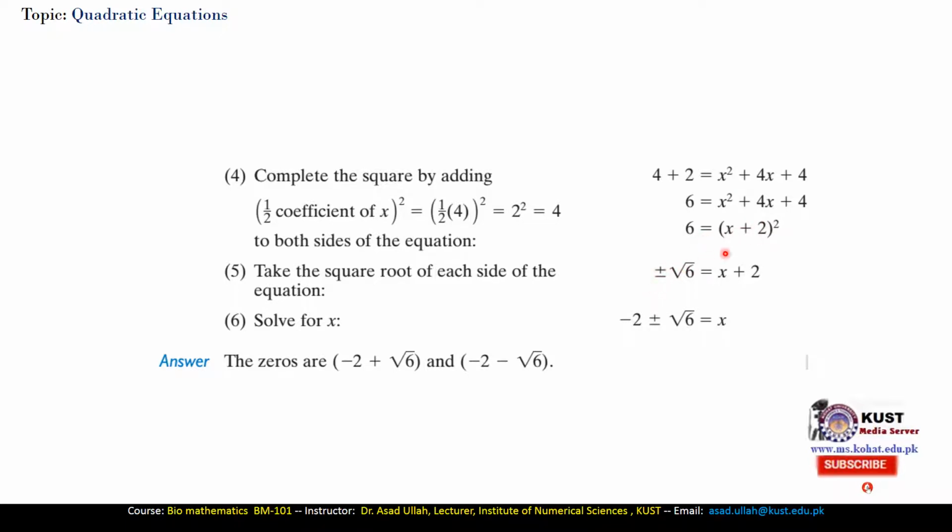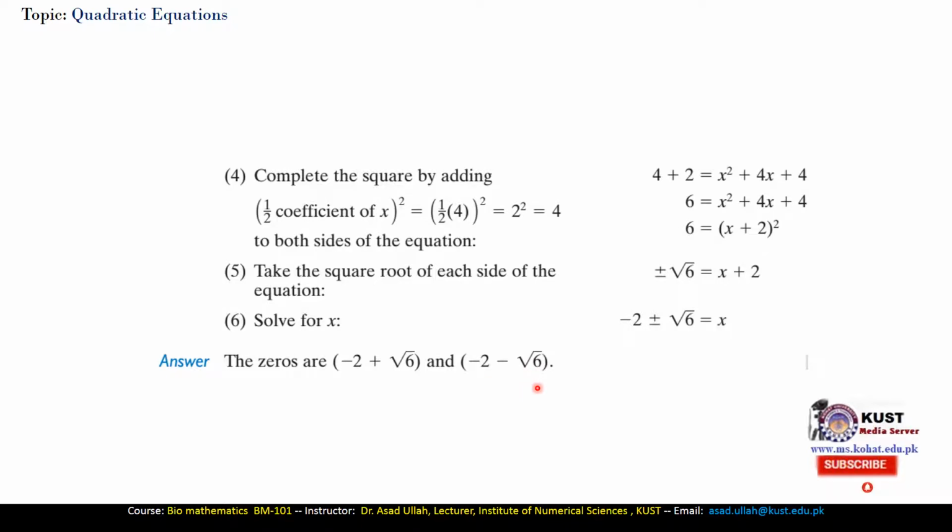Now taking the square root on both sides, we get x plus 2 is equal to plus minus square root of 6. Now shifting 2 to the other side, we get x is equal to minus 2 plus minus square root of 6. So we get two roots, that is x is equal to minus 2 plus square root of 6 and minus 2 minus square root of 6.